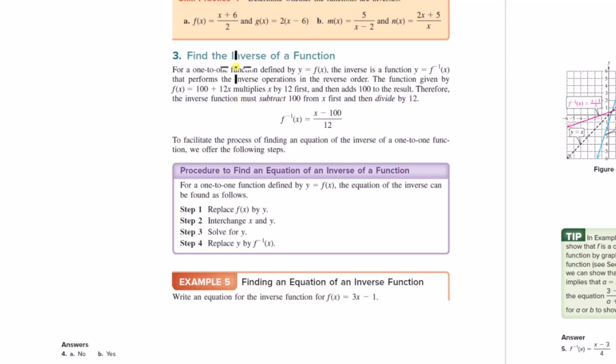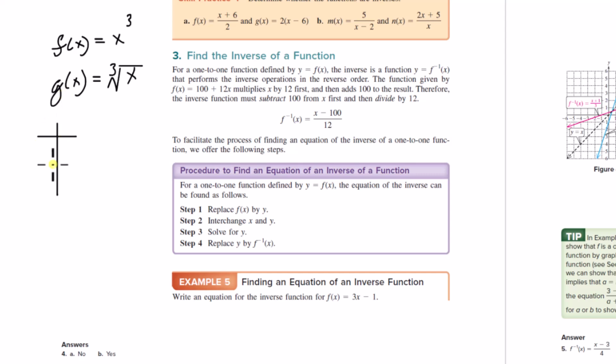Remember, this is like if you had f of x is equal to x cubed and g of x is equal to the cube root of x, then this can take all of the outputs of f of x and turn them back into the inputs. It performs the inverse operations in reverse order. That's kind of a confusing statement. But the idea is the inverse of f of x could take the outputs of this function, take them in as inputs, and turn them back into the original inputs, right?